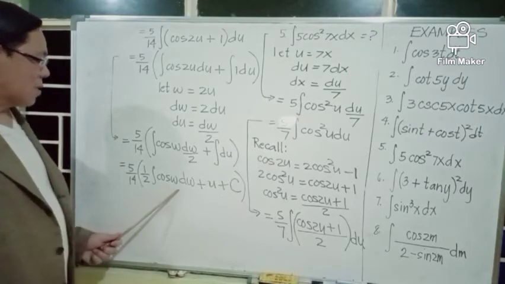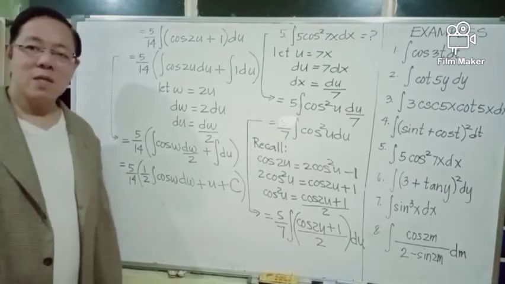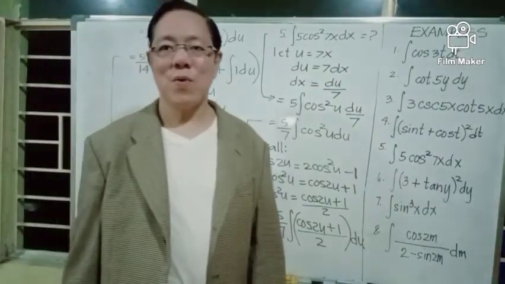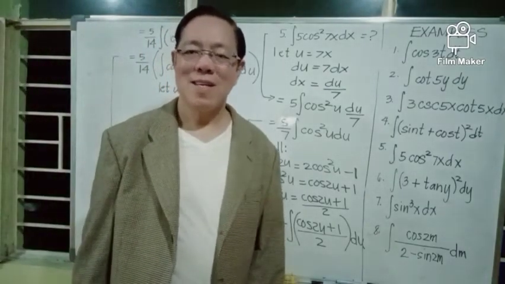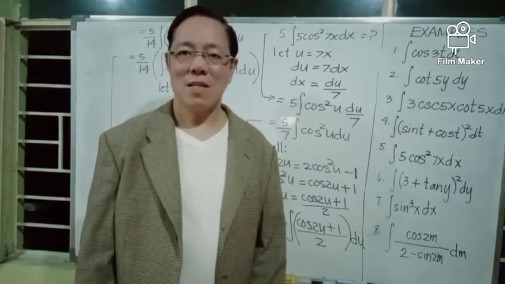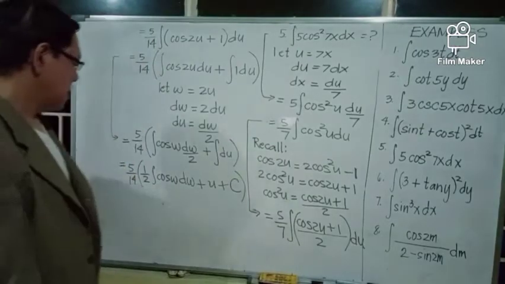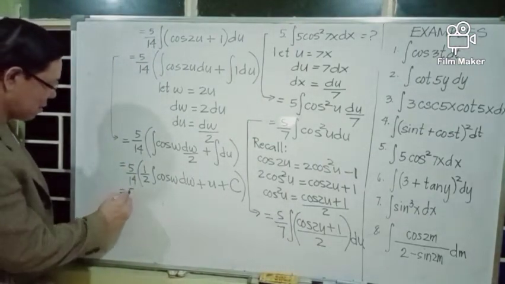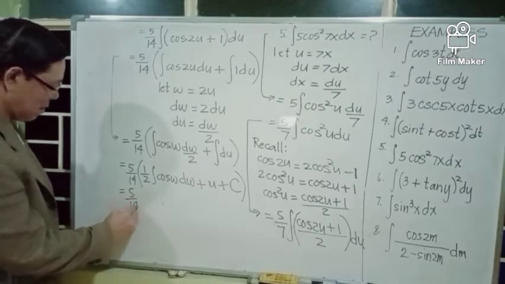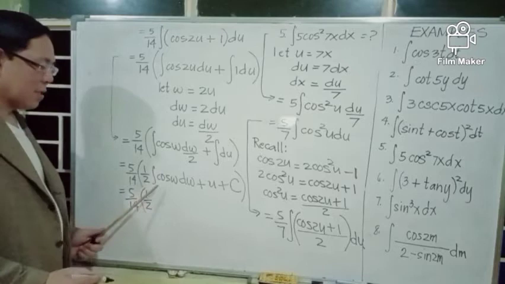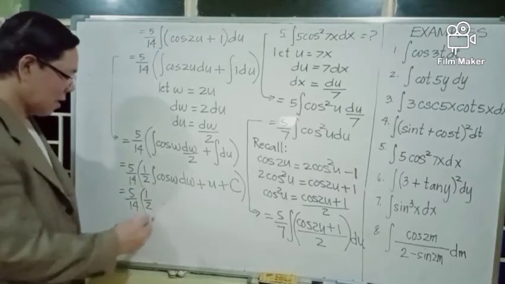Now, cosine w with respect to w is readily integrable using the integration rule for the integral of cosine. The integral of cosine is sine. Hence, this is now equal to 5 over 14 multiplied by 1/2. The integral of cosine is sine.